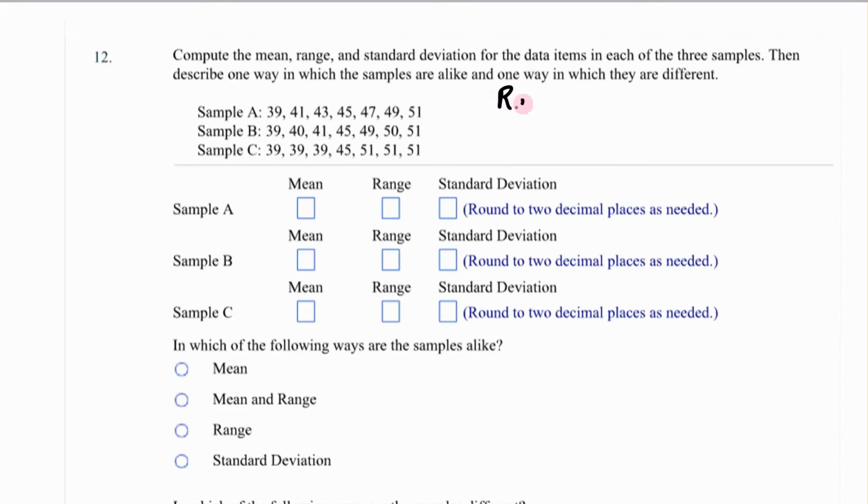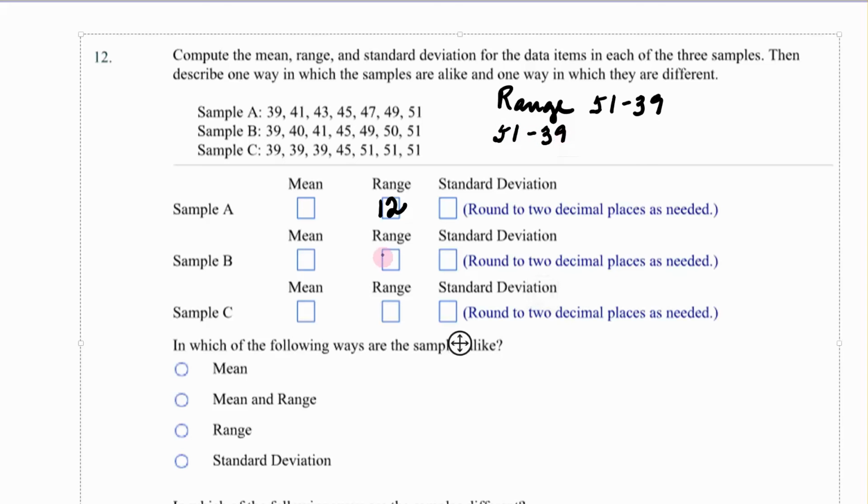Remember that the range is the max minus the min. So for the first one, it's 51 minus 39, which is 12. For the second one, it is 51 minus 39, which is 12.